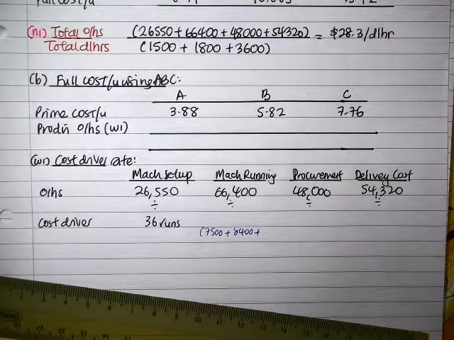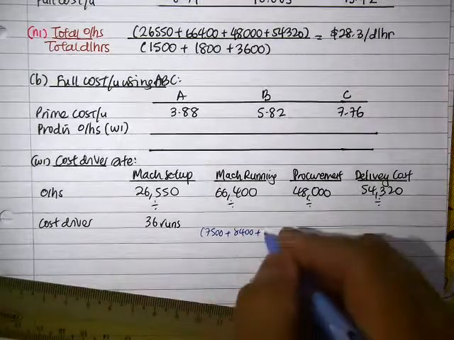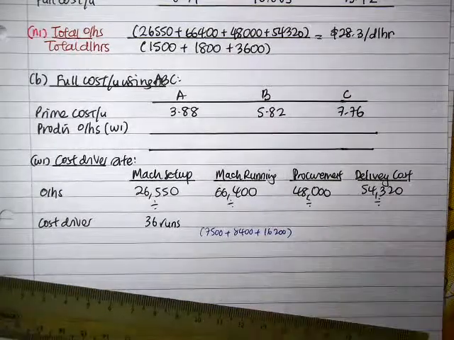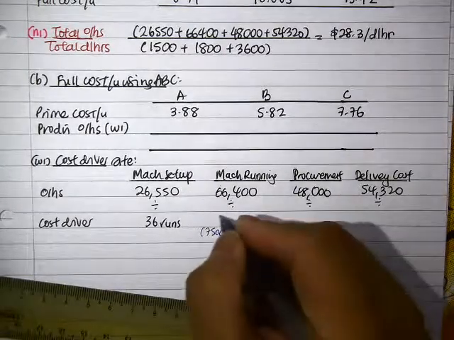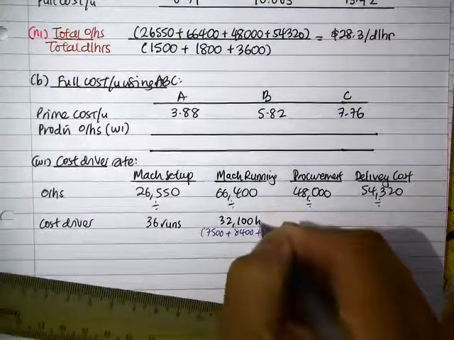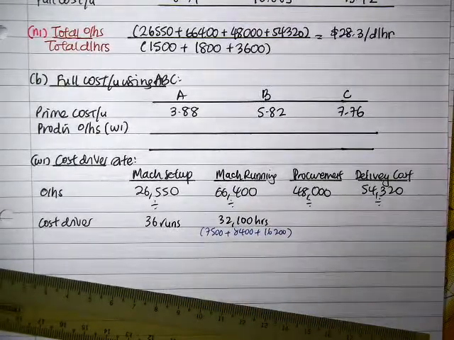And then 18,000 times 0.9 is 16,200. So 7,584 and 32,100.